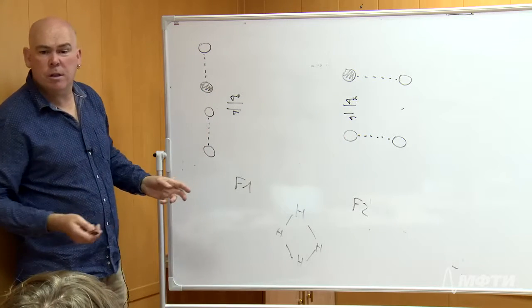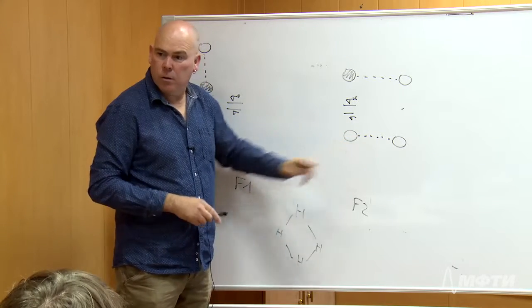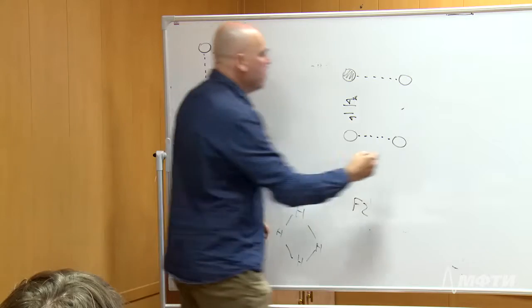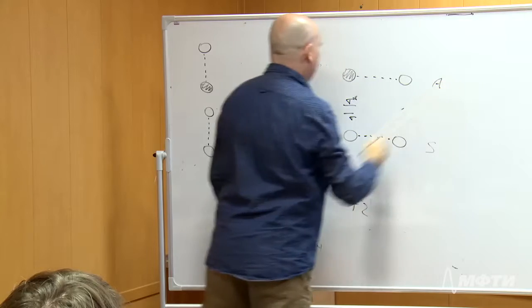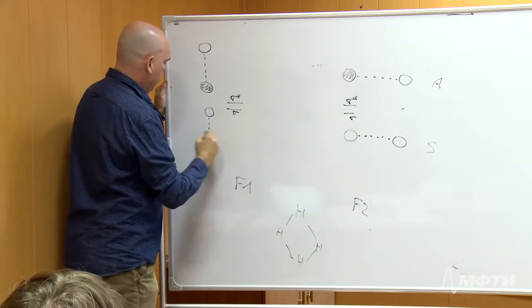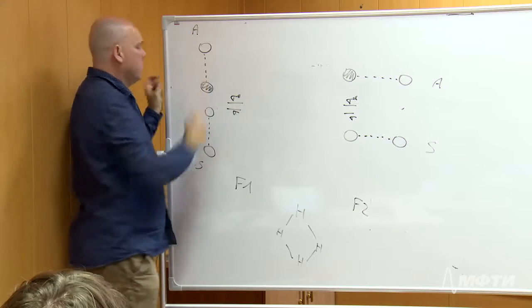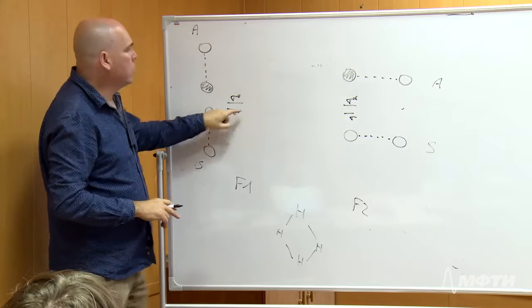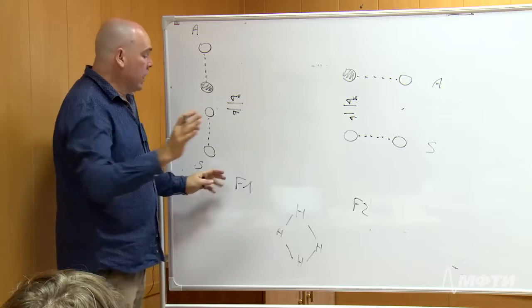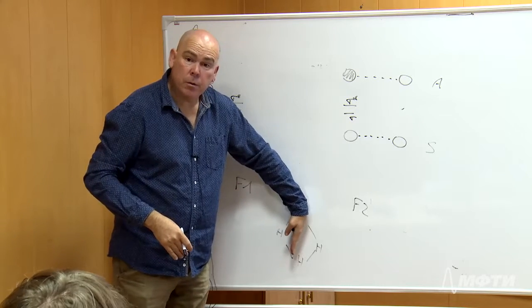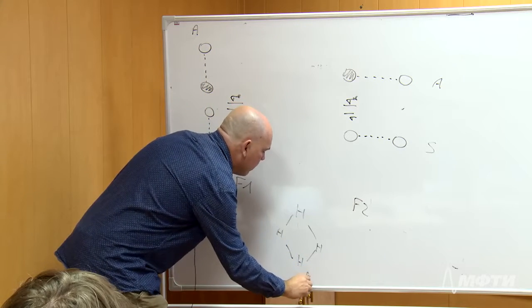So let's take the inversion center first. This orbital is symmetric looking at the inversion center, so I put S, symmetric. This one is antisymmetric. This one is symmetric, and this one is antisymmetric. So we know already that this orbital will not mix with this one, for sure. So it's done. Now we can use this plane, which we can call P1, for fragment 1.